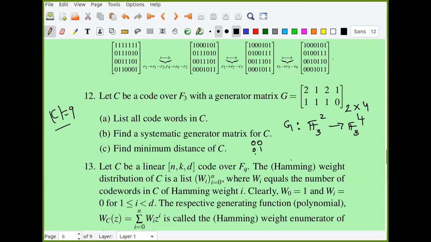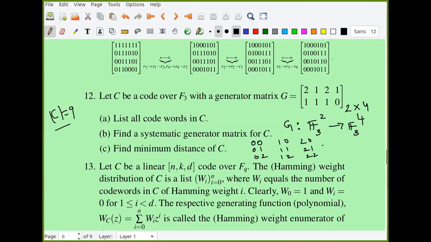No, go slowly, systematically. See, F3 squared means F3 cross F3. Okay, what are the vectors? 0 0, 0 1, 0 2, 1 0, 1 1, 1 2, 2 0, 2 1, 2 2. Correct?